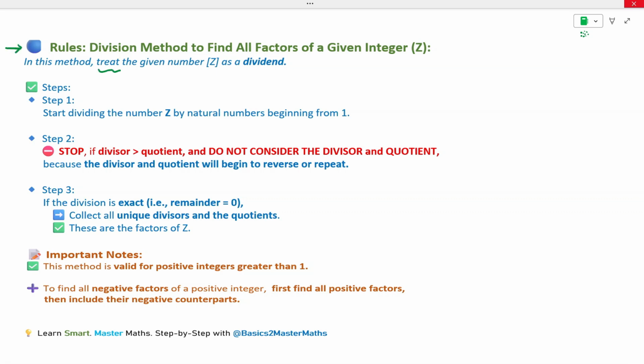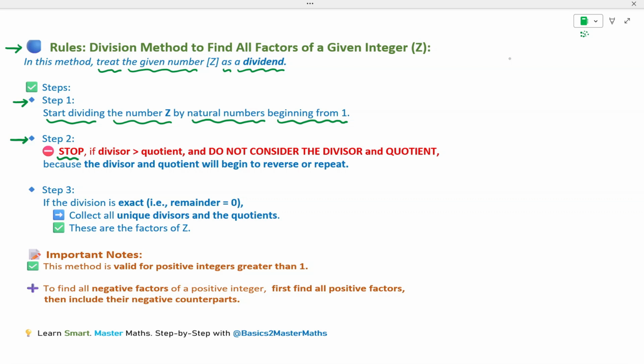Here, treat the given number as a dividend. Step 1. Start dividing the given number by natural numbers beginning from 1. Step 2.